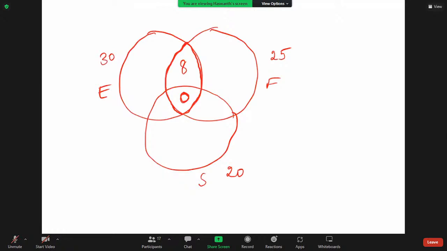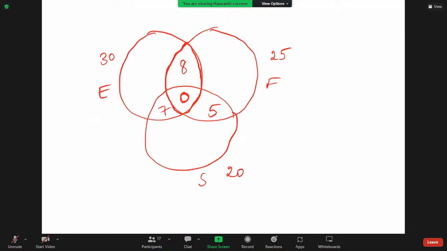Similarly, both French and Spanish is 5, but all 3 is 0, so all 5 will come from only French and Spanish. 7 study both English and Spanish. All 3 value is 0, so all 7 will come from only English and Spanish.